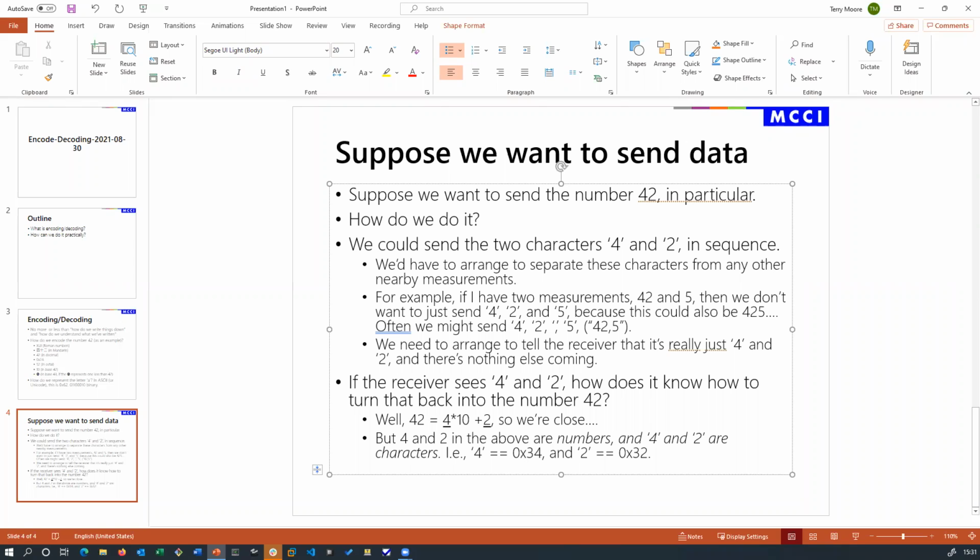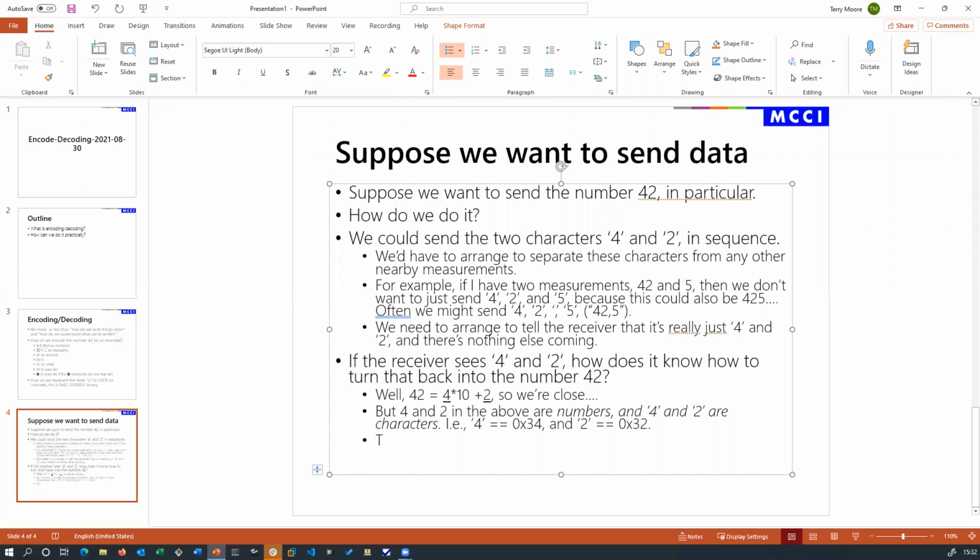So the correct formula is 42 is equal to (0x34 minus 0x30) times 10 plus (0x32 minus 0x30).